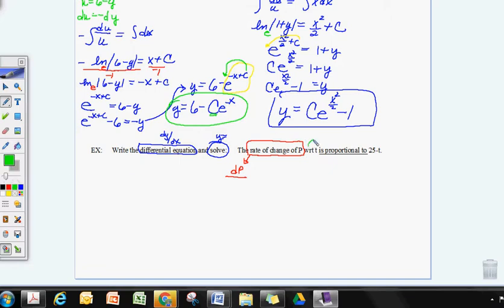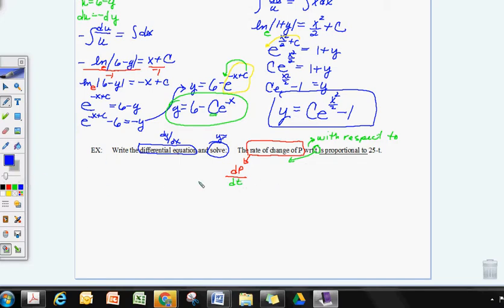I know you guys were thinking something else. WRT means with respect to. With respect to t. So this t right here means that it's going to be dp over dt.